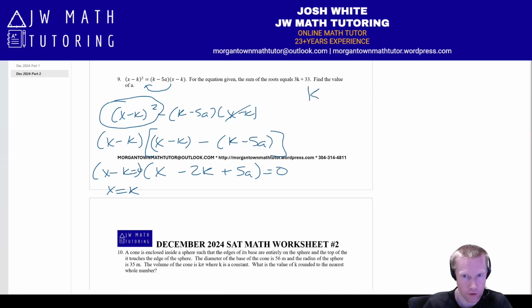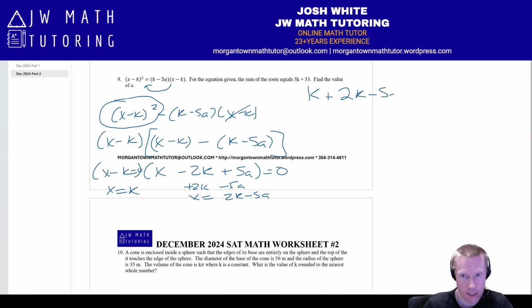That's your first root. For the second one, essentially what you're going to do is add 2k to both sides and subtract 5a. So x equals 2k minus 5a. That's your second root.